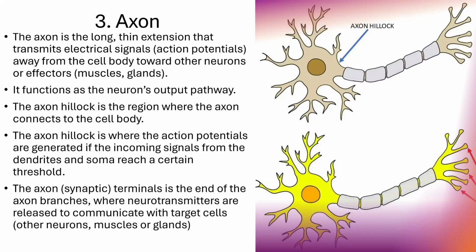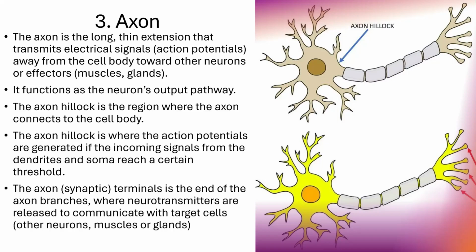So the axon functions as the neuron's output pathway. The axon hillock, that one, is the region where the axon connects to the cell body. The axon hillock is the point where the action potentials are generated if the incoming signals from the dendrites and soma reach a certain threshold.